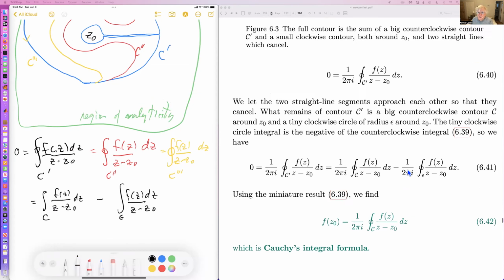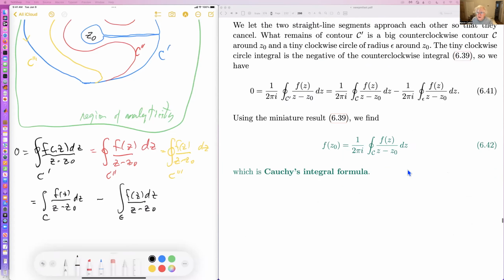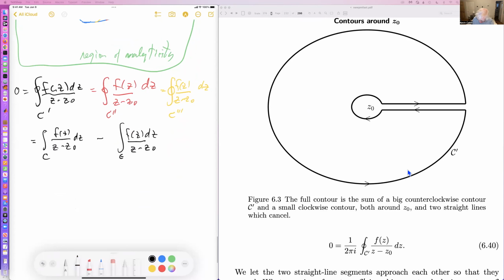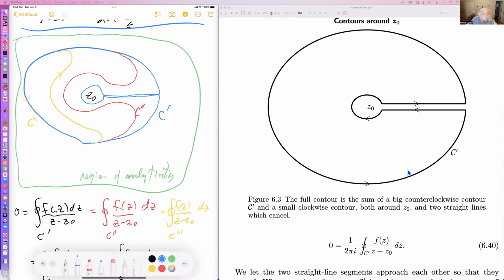Now, what is this contour C? So C is a contour, let me just draw it. Black, maybe. The contour C looks like this. It just goes around like that, so it includes the point z0.